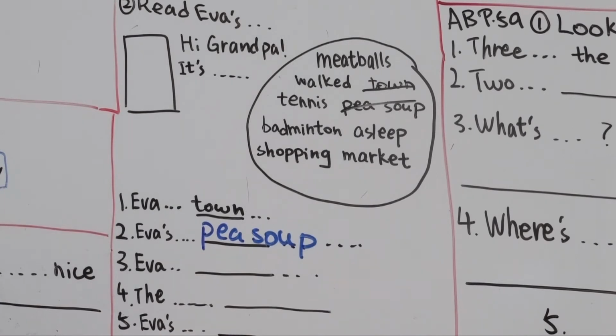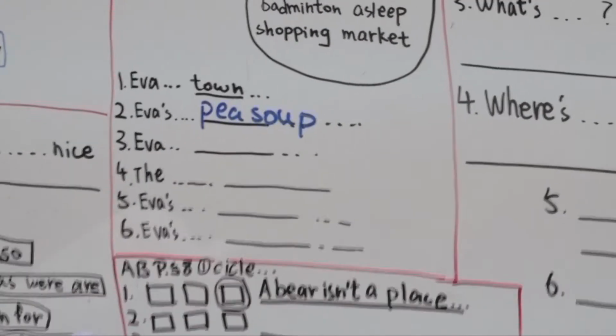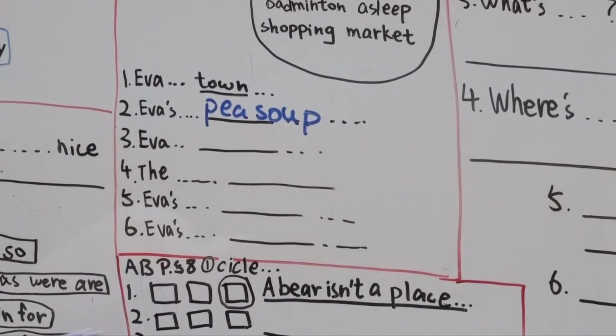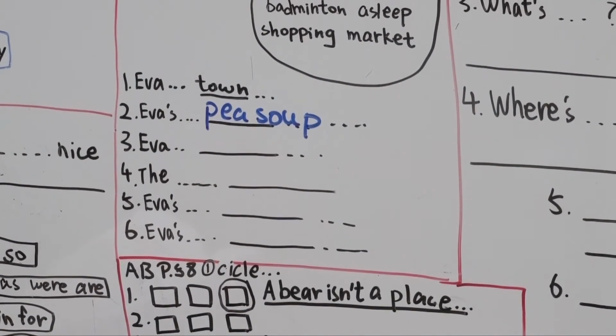Number 3, Eva had space with some salad in the cafe. What did Eva have?